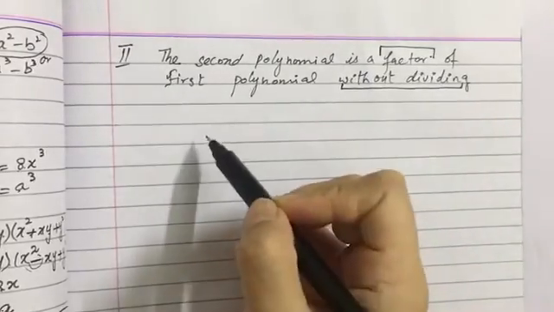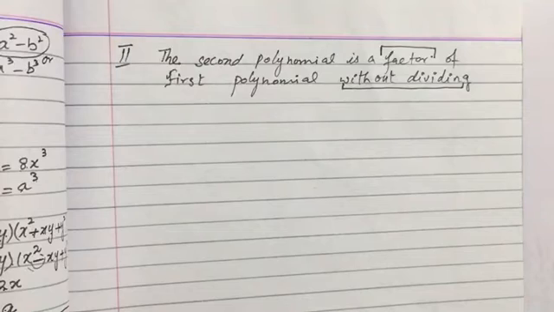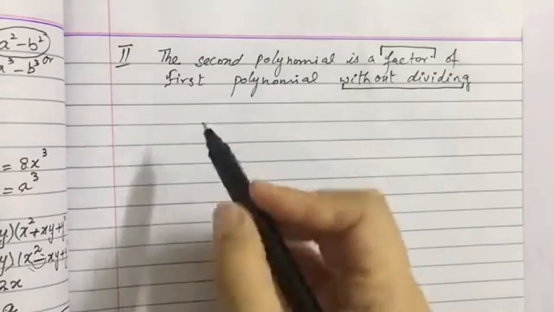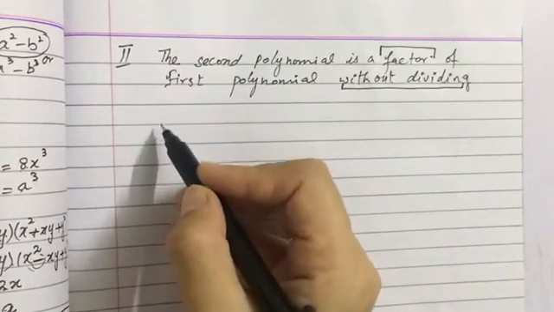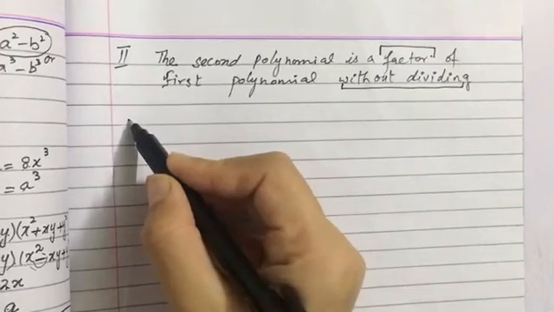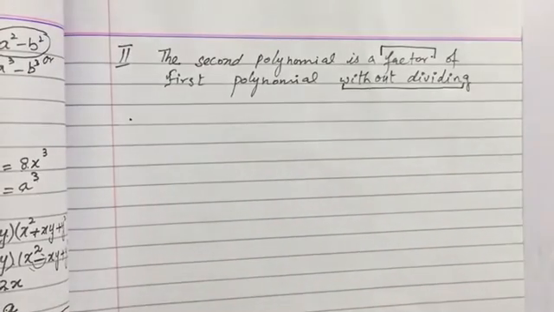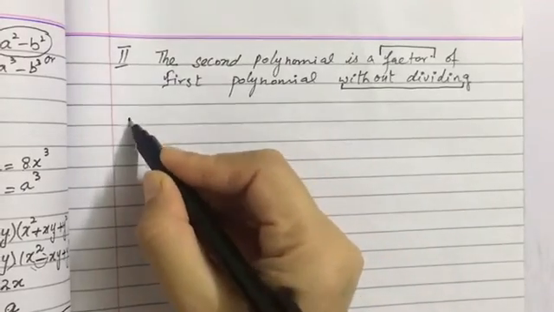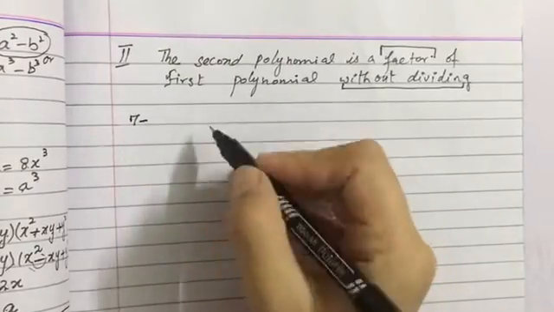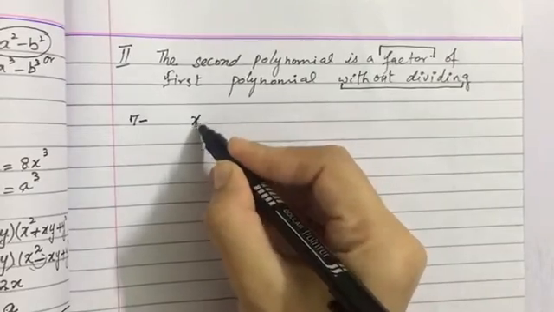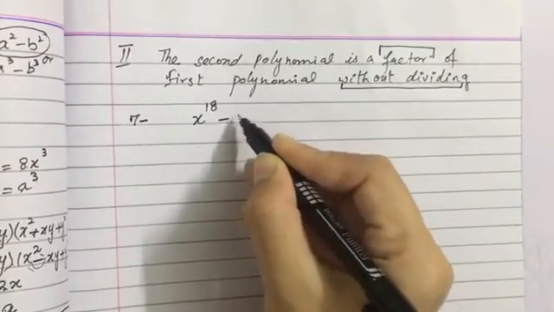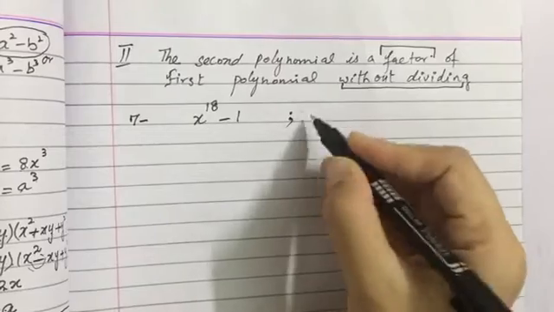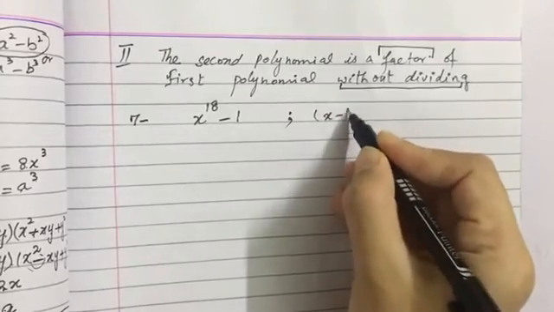It means we have to use the factor theorem here to identify whether the second polynomial is a factor of the first polynomial or not. Now I will solve question number 7. Here x raised to power 18 minus 1 is the first polynomial and the second polynomial is x minus 1.